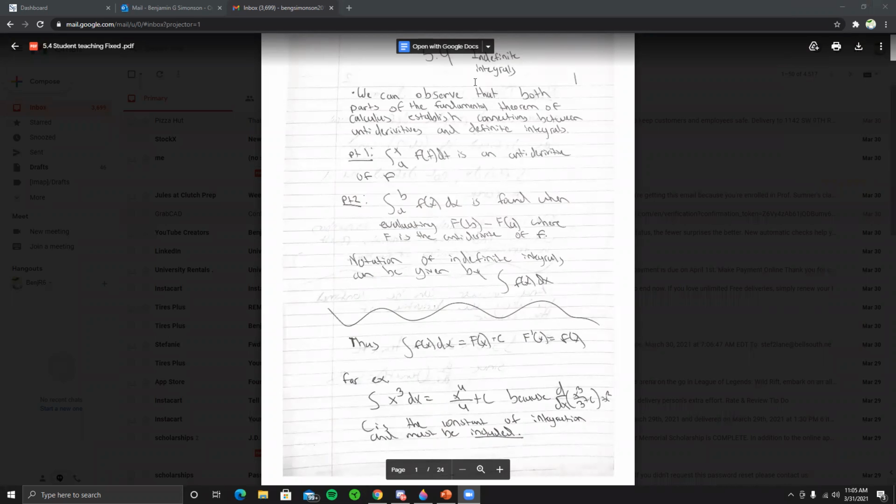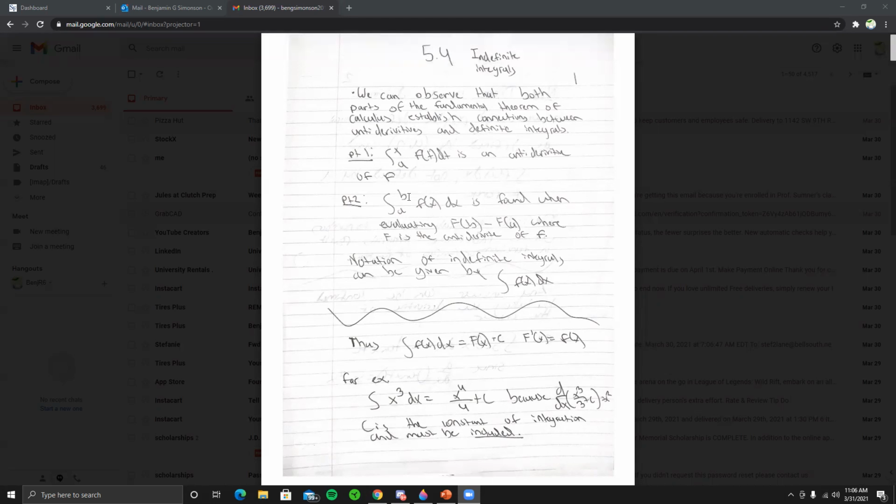And in part two, the integral of f of x from a to b is found by evaluating the antiderivative of f at b, the upper bound, minus the antiderivative of f at a, the lower bound, where F is the antiderivative of f, which is just another notation for finding the antiderivative of a function.